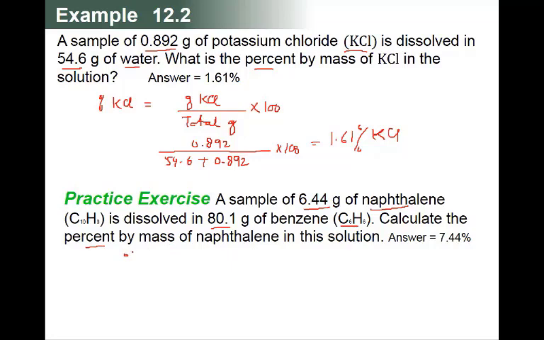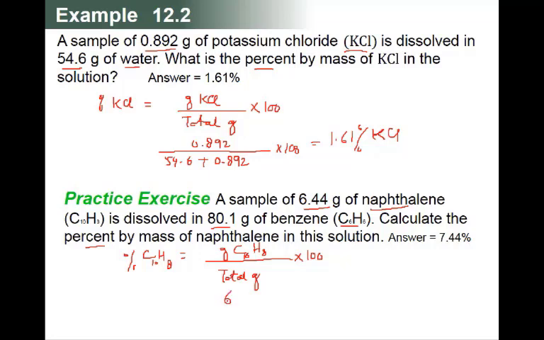So the same: percentage of C10H8, that is naphthalene, is equal to gram of naphthalene C10H8 divided by total gram, multiplied by 100.